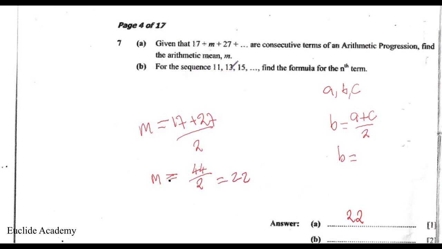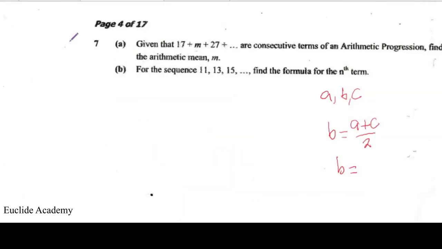B, for the sequence 11, 13, 15, find the formula for the nth term. Okay, let's find the formula for the nth term. So let's get rid of this part here so we can have space. Alright, for an arithmetic progression, we look at the general formula, which is a plus n minus 1 times the common difference.